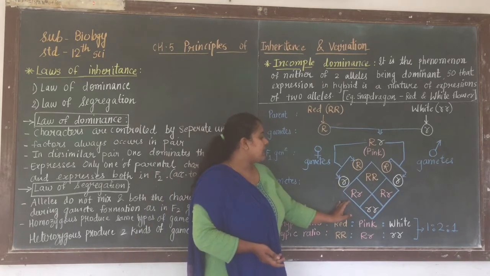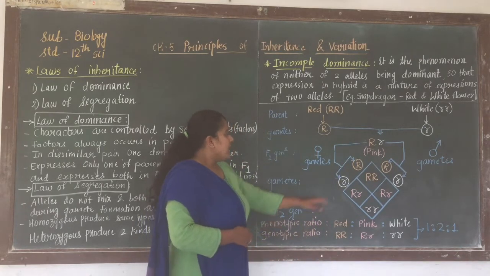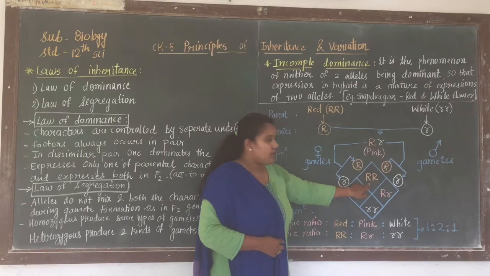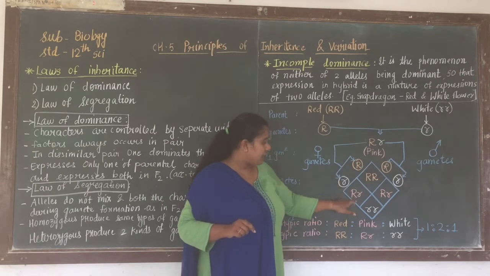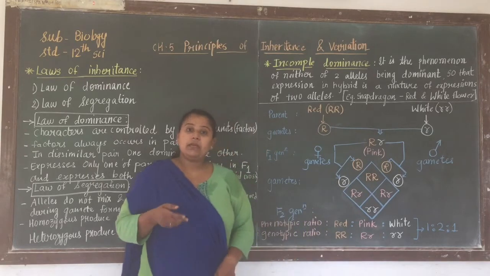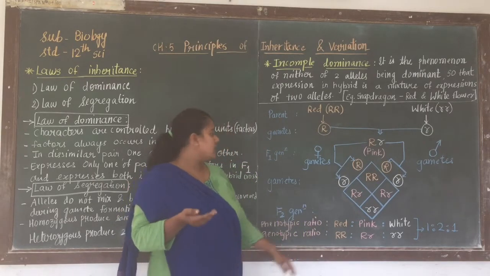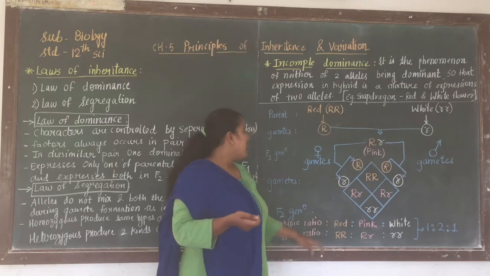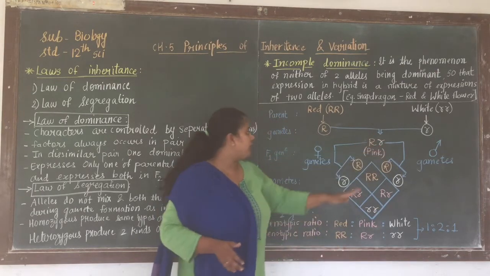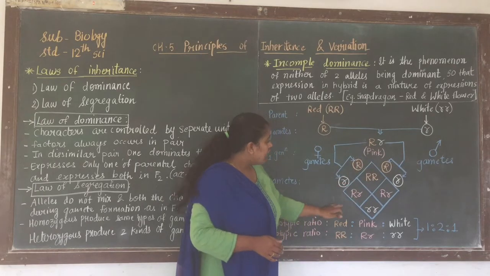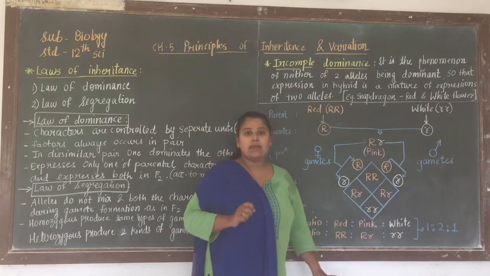When we place that into the Punnett square, here the capital R forms capital R capital R, and here capital R, small r. As both of them express equally, I have written it in pink color, because in the F1 generation when capital R, small r fused, they formed a pink colored flower. So I have marked both of them pink.